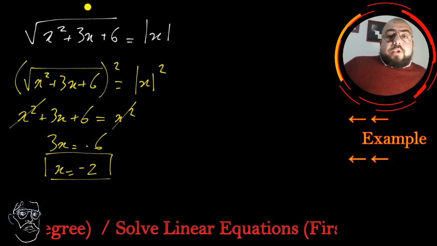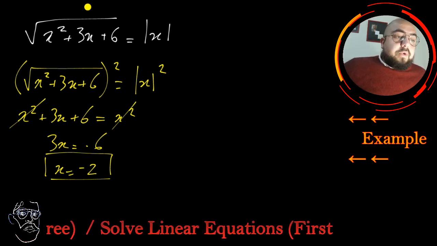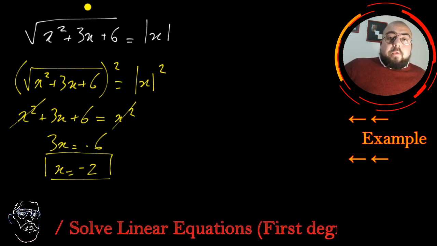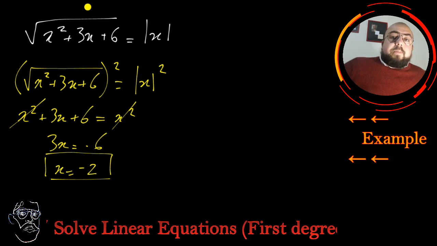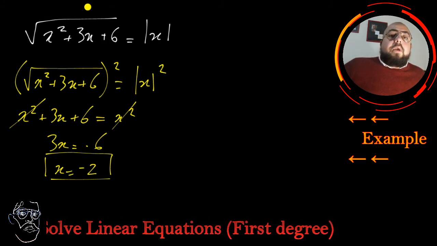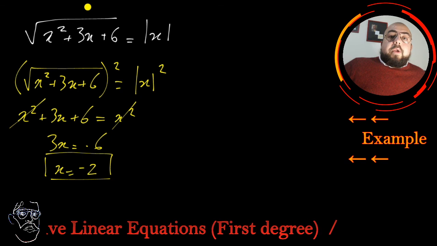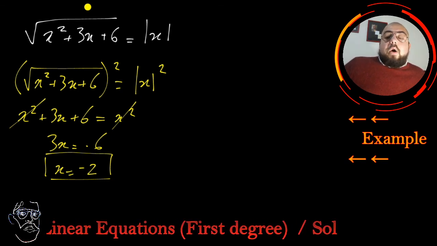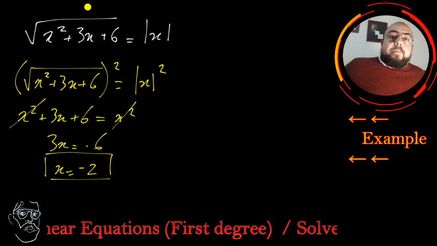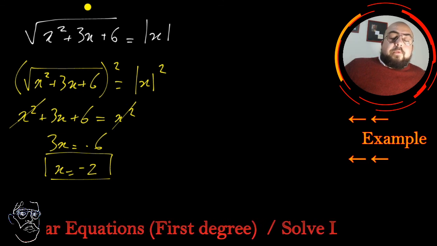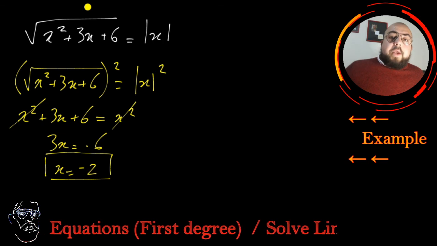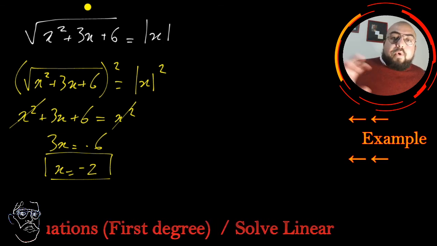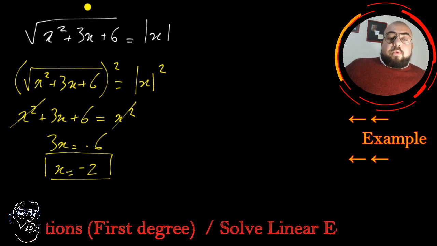Alright, so this was a video related to linear equation, first degree equation, how to solve them. We discussed the reduced form ax plus b is equal to 0. We took some examples with absolute value, with radicals, even some polynomials of higher degrees where we had to factorize and obtain a product of equations from first degree.